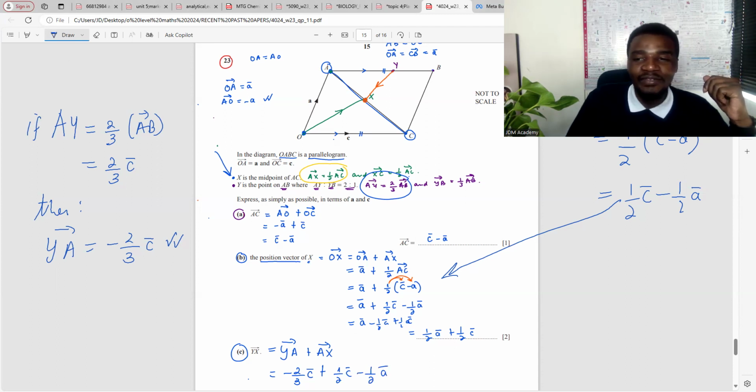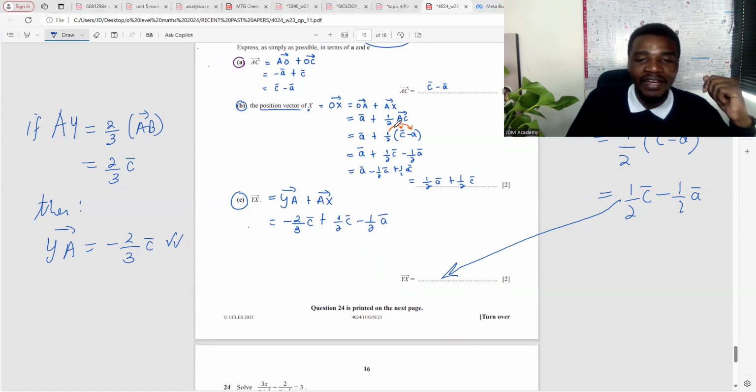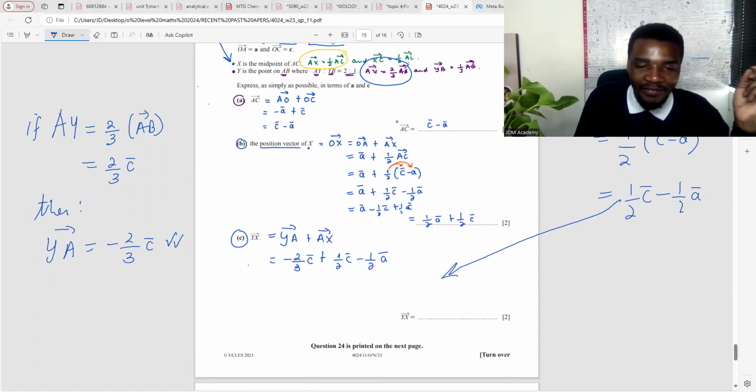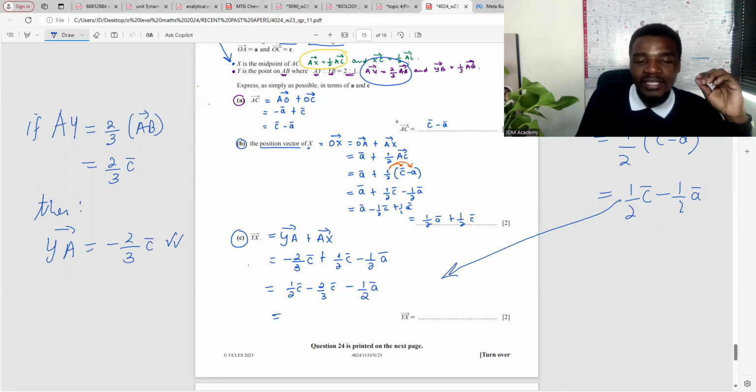So what is the next move? Next move, we have to simplify this problem. Let's simplify by simplifying like terms. So what is minus 2 over 3 plus 1 over 2? This is just the same as 1 over 2 vector C minus 2 over 3 vector C minus 1 over 2 vector A. So we need to know how to subtract fractions. What is 1 over 2 vector C minus 2 over 3 vector C?